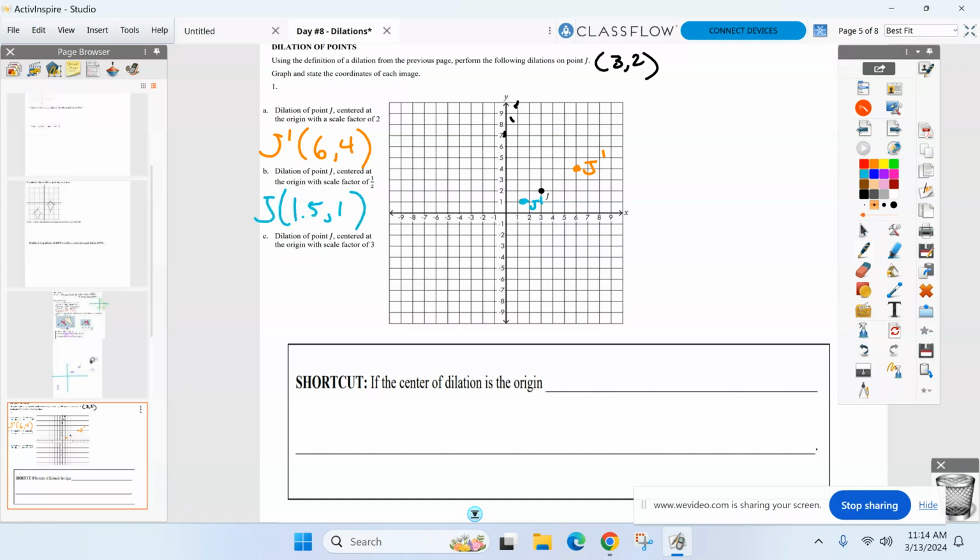Notice it got closer. And finally, part C, what about a scale factor of 3? So tripling the distance. We already doubled the distance, going up 2 over 3, up 2 over 3. So let's triple it: up 2 over another 3. There's where J prime is. That is how we're dilating. That's what happens to your points.